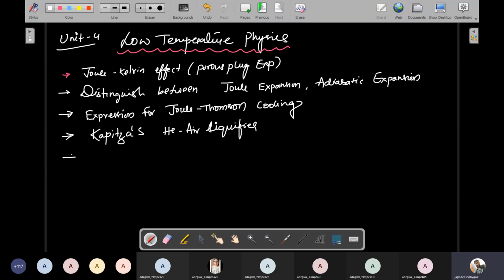And the next topic is adiabatic demagnetization.